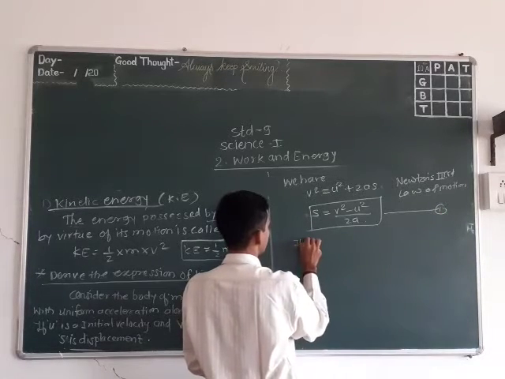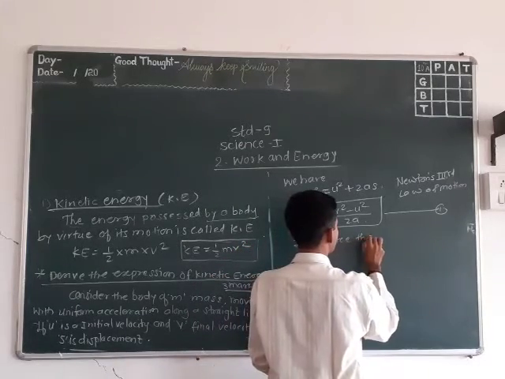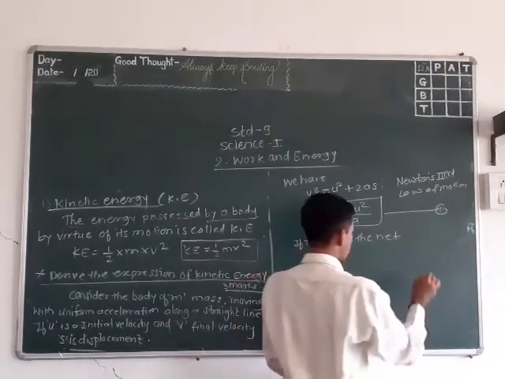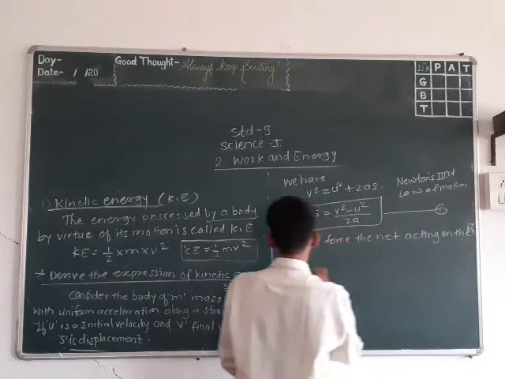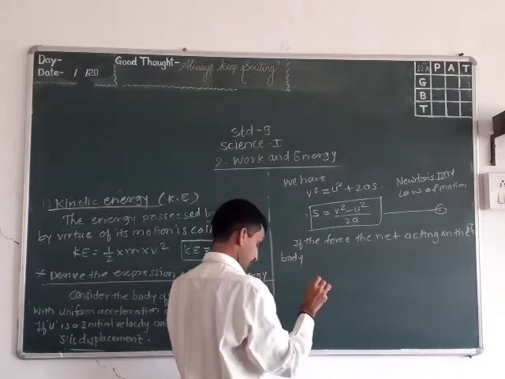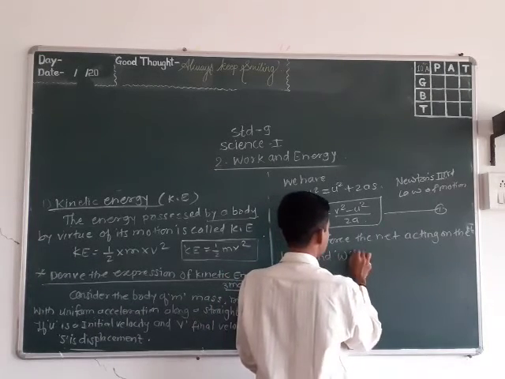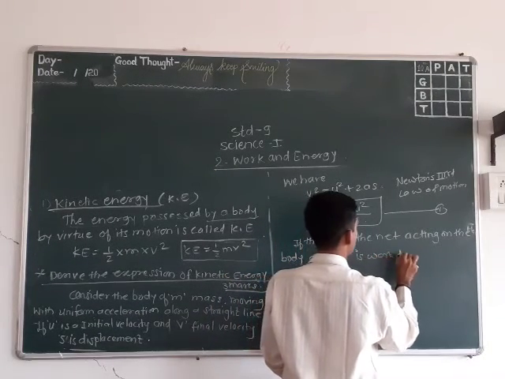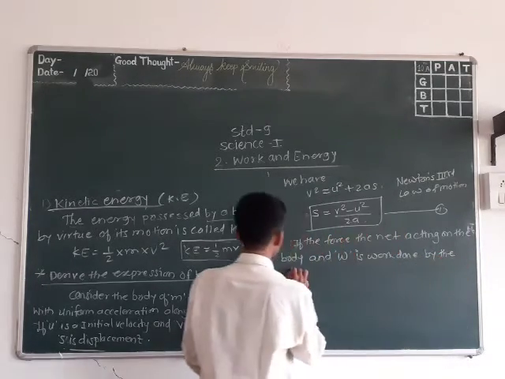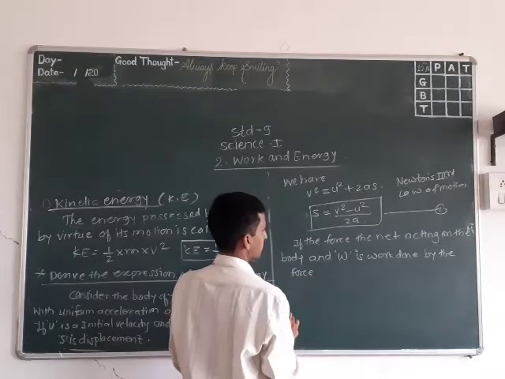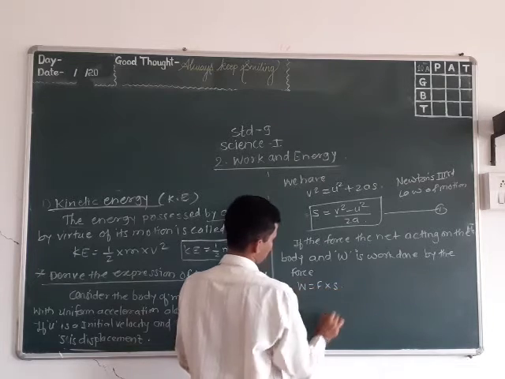If F is the net force acting on the body and W is the work done by the force, W is equal to force multiplied by displacement.